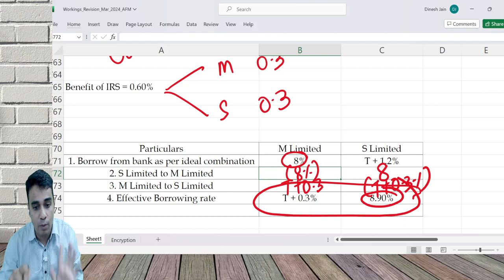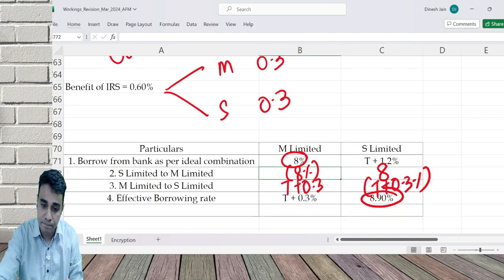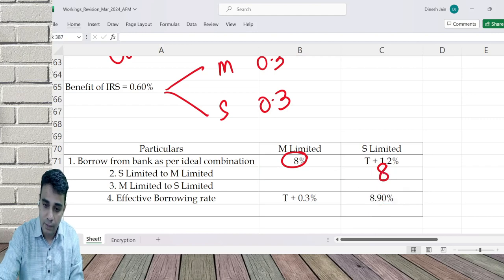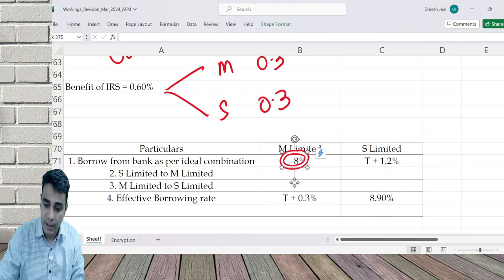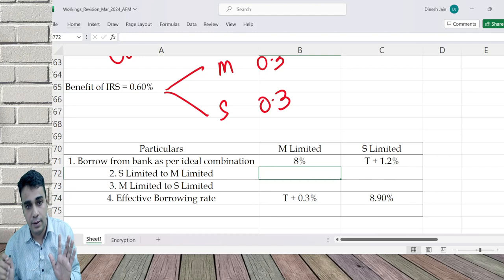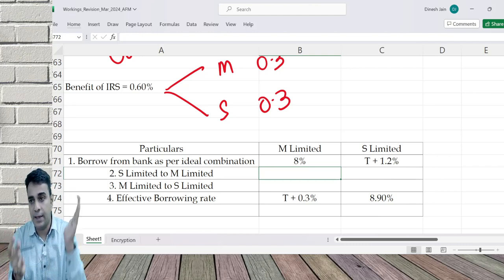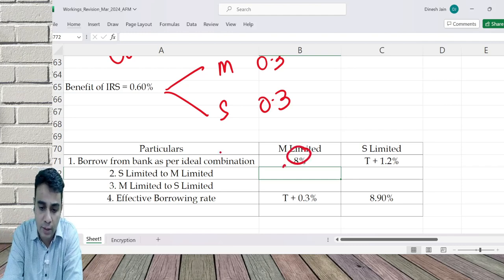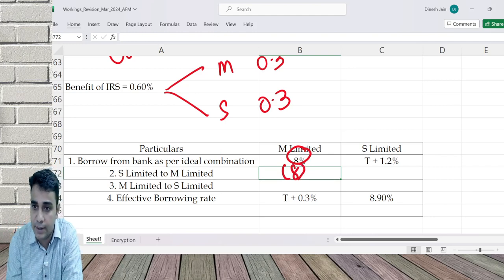I'll explain again one more time. Till this, there cannot be any confusion. One party has to pay something to the other party. Whatever you are receiving, I'm going to write in bracket, as minus.